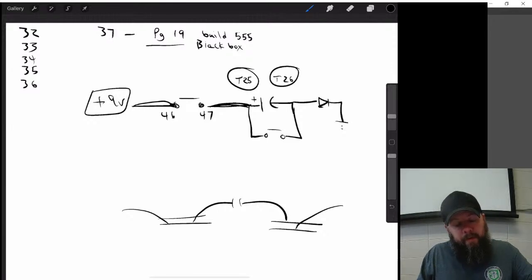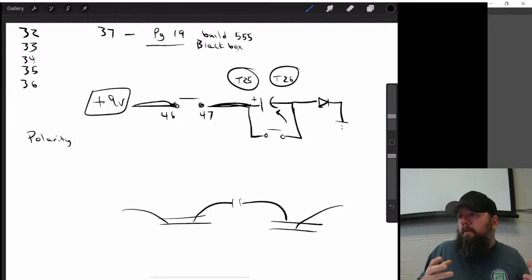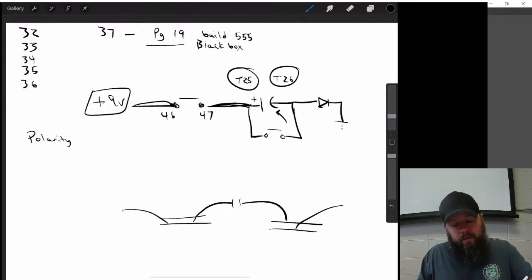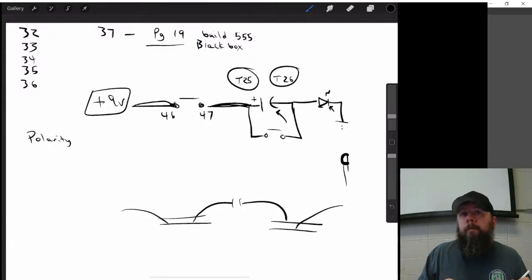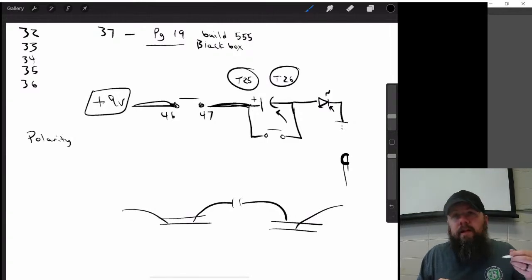Now, some capacitors have a polarity about them, okay? Just like a diode, when you see this little line right here, that's the cathode. That's the flat side of the diode, right? Or the short leg. It only goes in the circuit one way. An electrolytic does too.